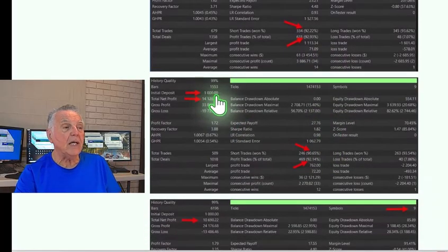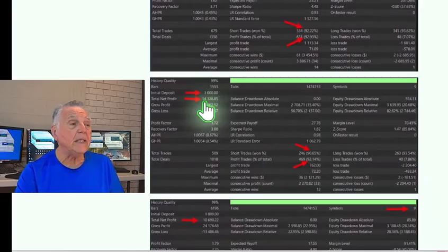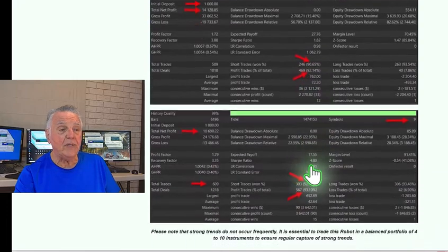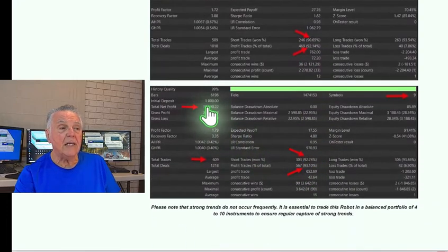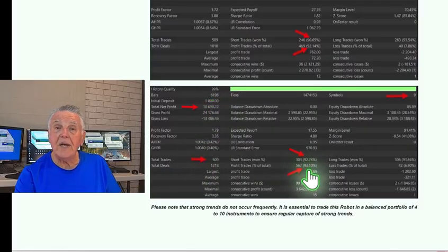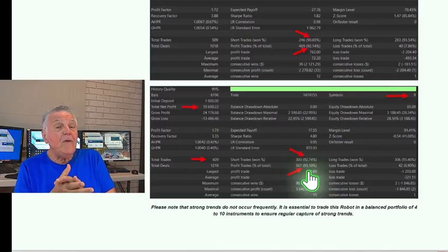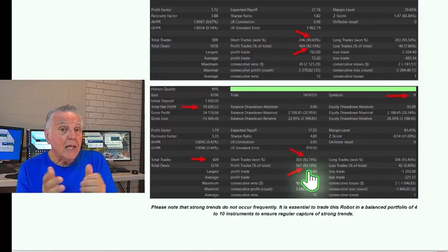Here's one that took $1,000 to $1,400, and again success rates in the 90s. And then we did a few others, and this one produced $10,000 after 1 year, and again very high success rate. So the entry methodology is very, very sound, and it produces very nice income.